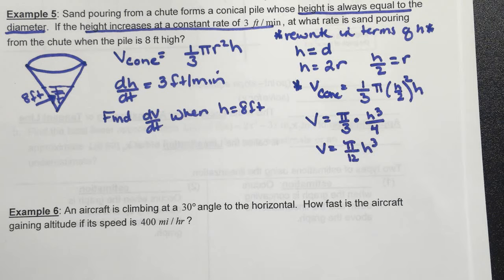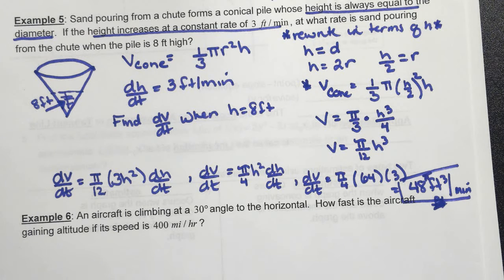Any questions on how I rewrote the volume of that particular cone? All right, you guys go ahead and finish it for me. Go ahead and find your dV/dt. 48 pi cubic feet per minute.